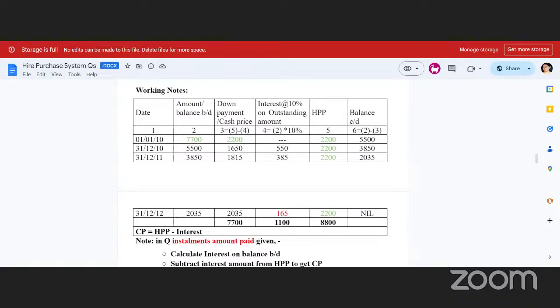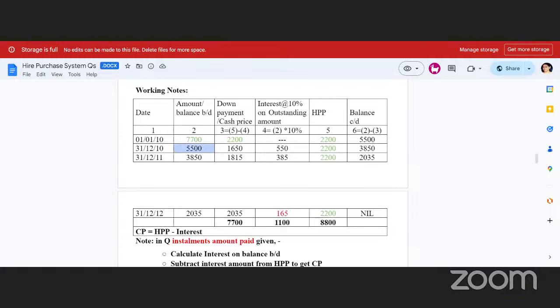From this 7,700, if you subtract this 2,200, you will get 5,500, the balance amount minus the down payment. The same 5,500 will be carried to the next year.